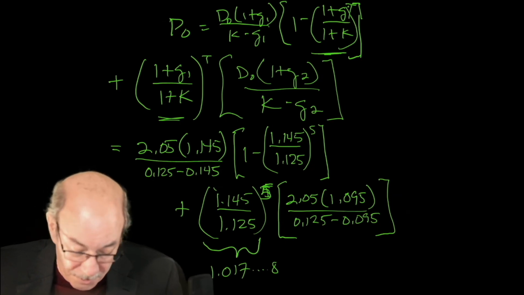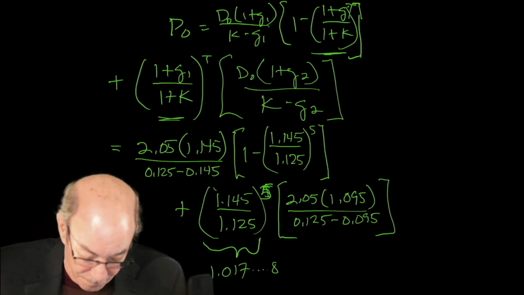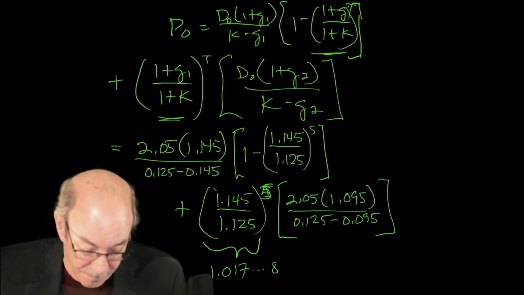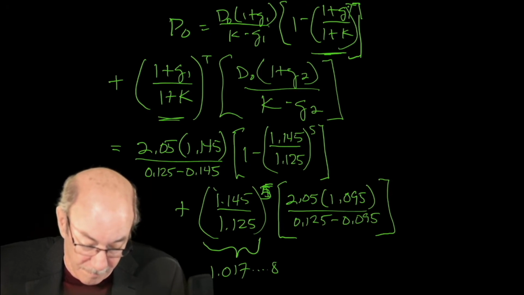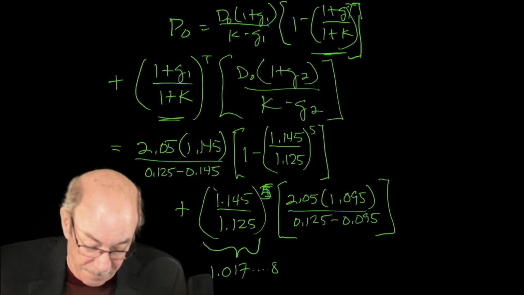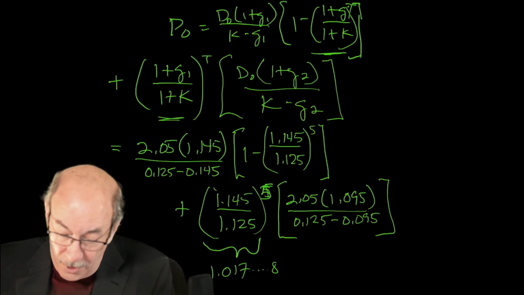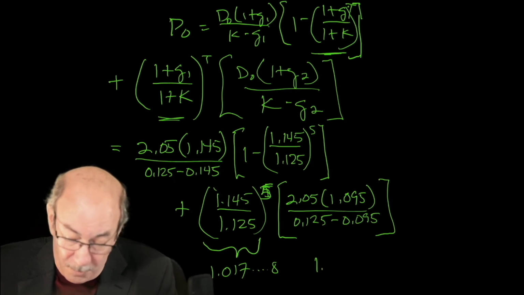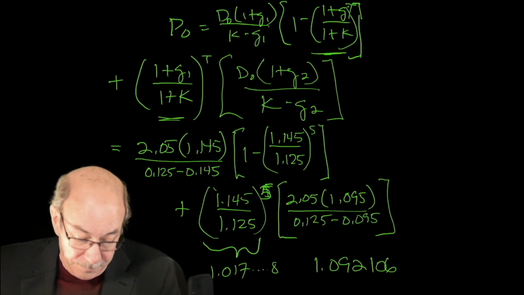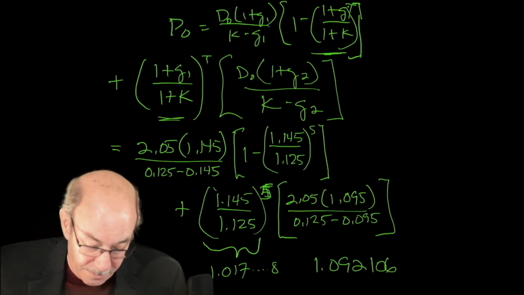Oh, and I also need to raise that to the 5th power. And there I end up with a value of 1.092106. Now I'm going to store that in the register.